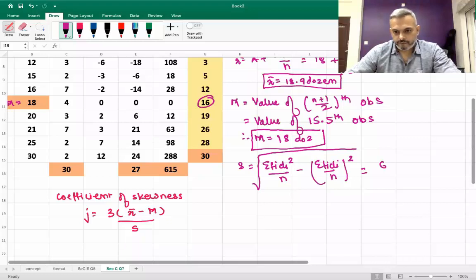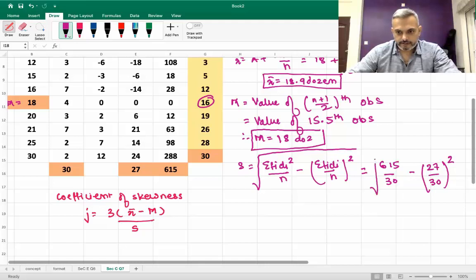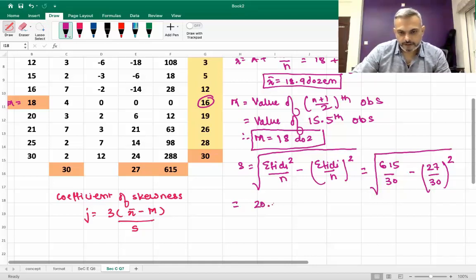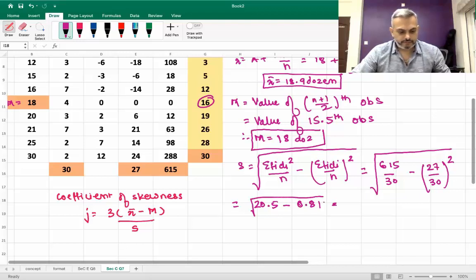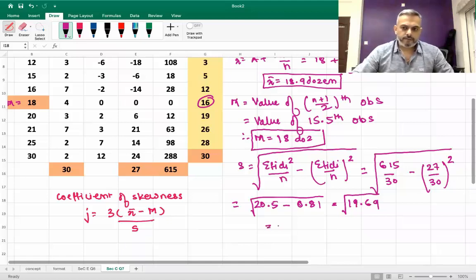Which is equal to the square root of 615 upon 30 minus 27 by 30 the whole square, which is equal to 615 divided by 30, 20.5, minus 27 divided by 30 squared, 0.81, which is 19.69, which is equal to 4.43.